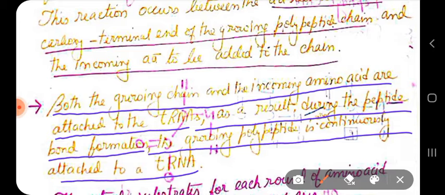The large ribosomal subunit, mainly the 23S rRNA in case of prokaryotes, is mainly involved in catalyzing the growth of the polypeptide chain. The reaction occurs between the carboxy terminal end of the amino acid of the growing polypeptide chain and the amino group of the amino acid which has to be added to that chain.